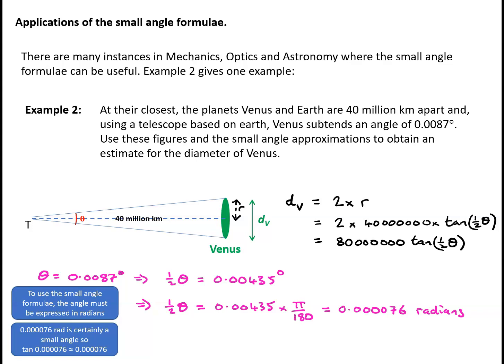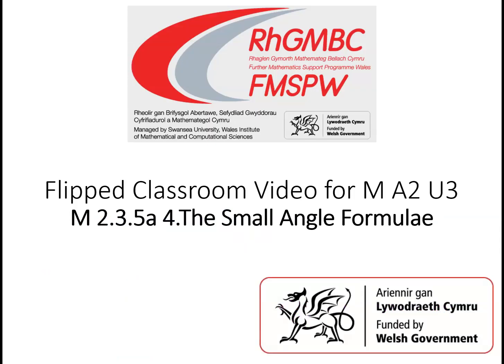So the tan of 0.000076 is going to be approximately 0.000076, which now gives me that the diameter of Venus is approximately 80 million times 0.000076, which gives me an answer in the region of 6,100 kilometers for the diameter of the planet Venus. And that concludes our introduction to the small angle formulae.